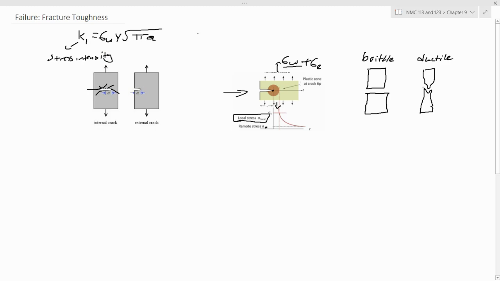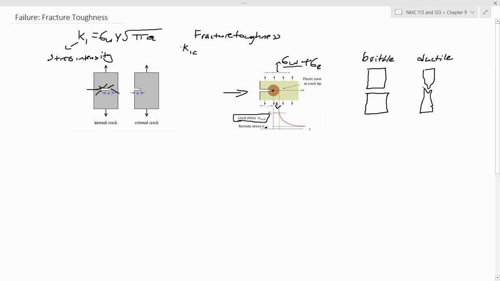and then to measure the fracture toughness of a material, there's a critical stress intensity, which is called the K1C value.